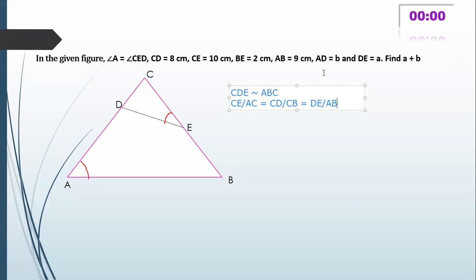Now put the values. Very simply you have to put the values. 10 by B plus 8 equal to 8 by 12 equal to A by 9. So can you solve the equation now?